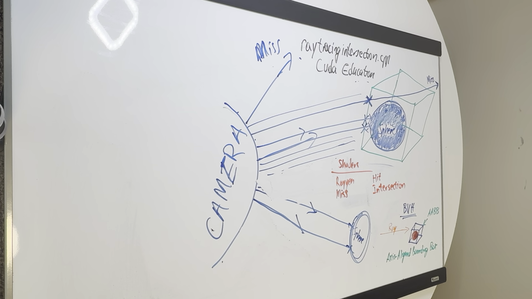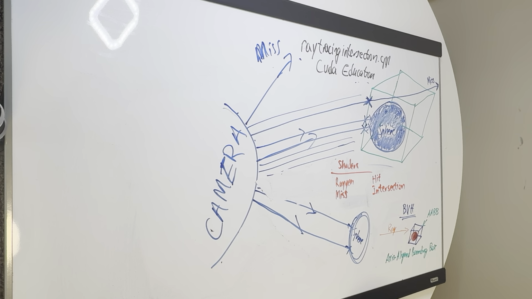I want to make sure I'm not confusing them and all that stuff. The intersection shader is actually what records, and this is where things get a little confusing.